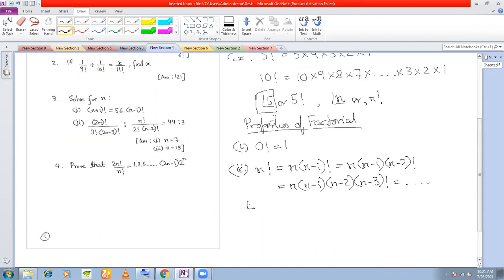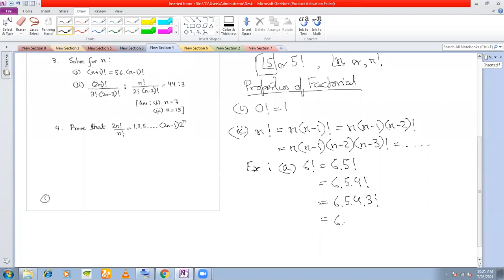Example: suppose I have factorial 6. Factorial 6 can be written as 6 into 5 factorial, which can also be written as 6 into 5 into 4 factorial, or 6 into 5 into 4 into 3 factorial, and so on. It can also be written as 6 into 5 into 4 into 3 into 2 factorial, or 6 into 5 into 4 into 3 into 2 into 1 factorial, or simply 1.